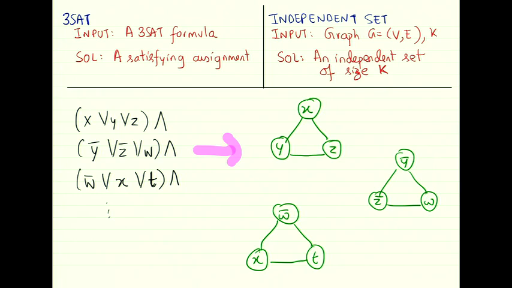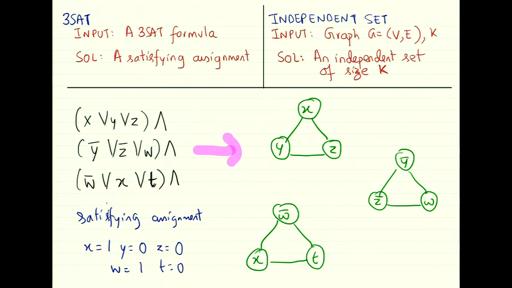And somehow the thing I'm going for is the following. Let's look at a satisfying assignment to these variables. So let's say x equal to 1, y equal to 0, z equal to 0, w equal to 1, and t equal to 0.